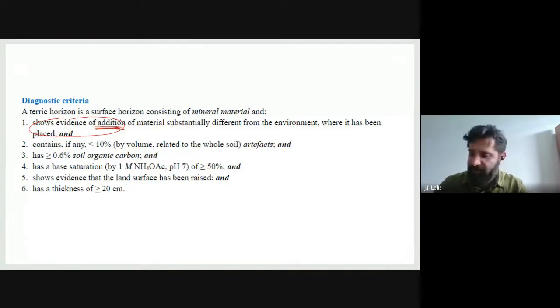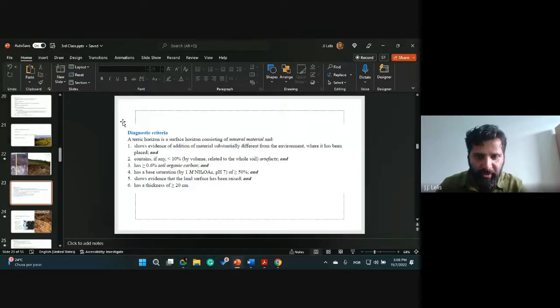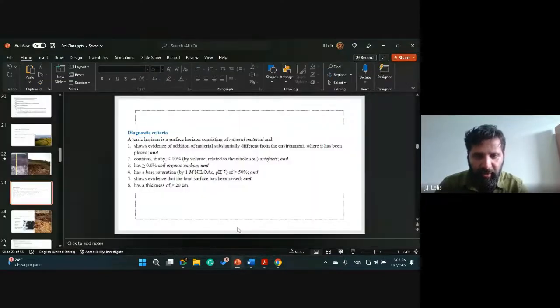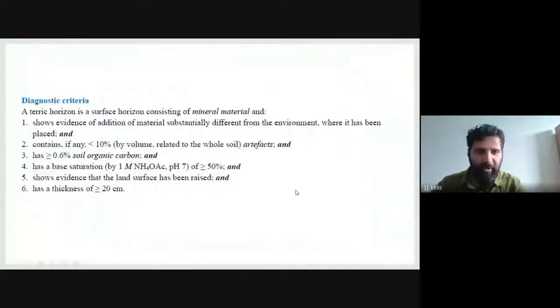And in the morphological description, we can't see anything about this. We don't have any evidence of adding of material. We don't have this information here. So if we don't have this information, it's because we don't have this adding. So it's not a terric horizon, okay?